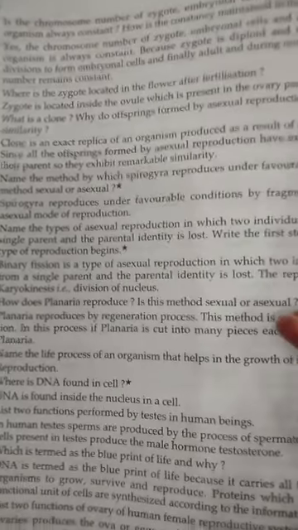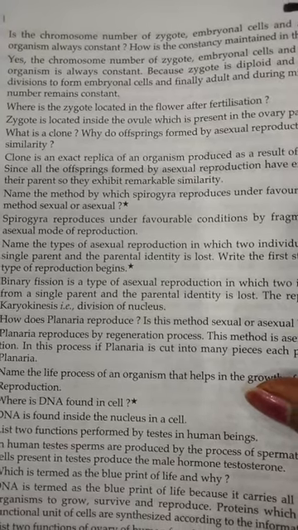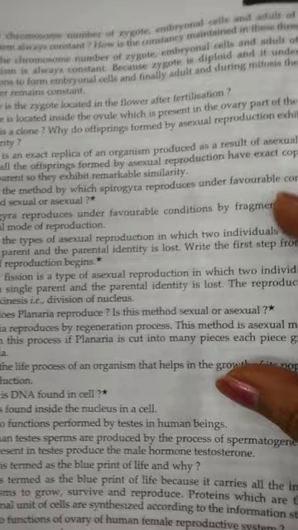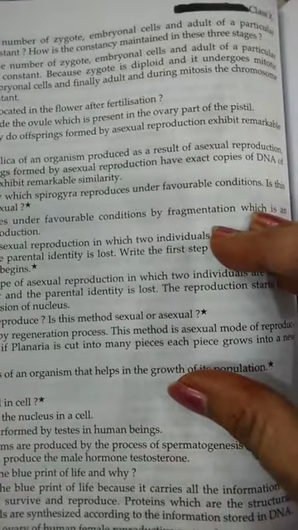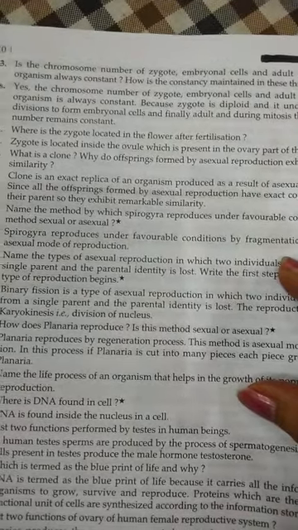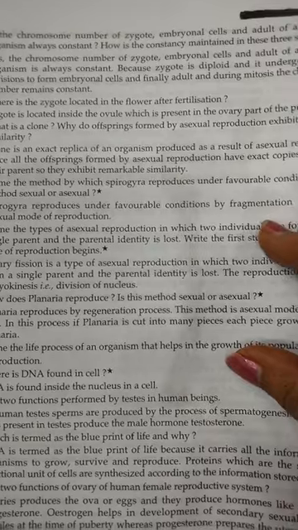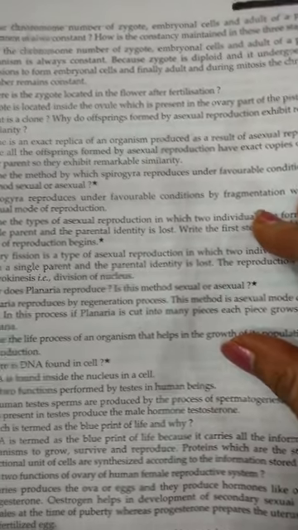Now I come to the 13th. So the question is: the chromosome number of zygote, embryonal cells, and an adult of a particular organism is always constant. What is the constancy mentioned in these three stages?